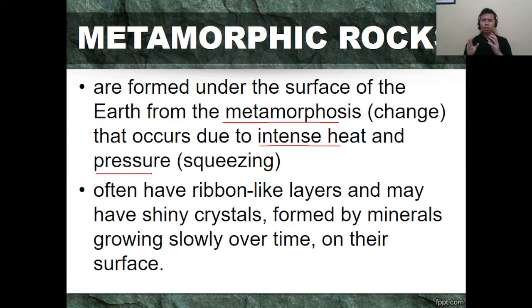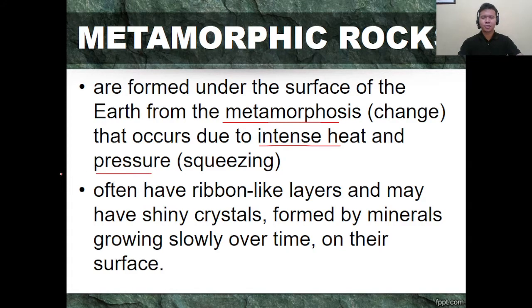Sedimentary rocks, when exposed to extreme heat and pressure, then it can turn into metamorphic rock as well. Metamorphic rock exposed to heat and pressure, then it can possibly turn into another type of metamorphic rock. So that's the property of heat and pressure, allowing it to recrystallize, change the rock type into another rock type.